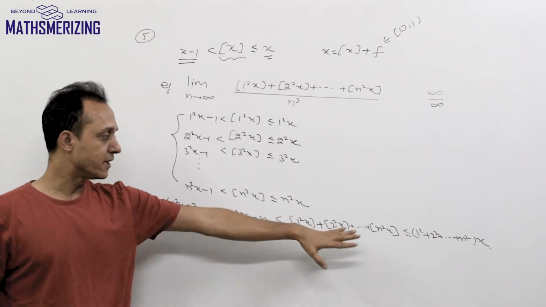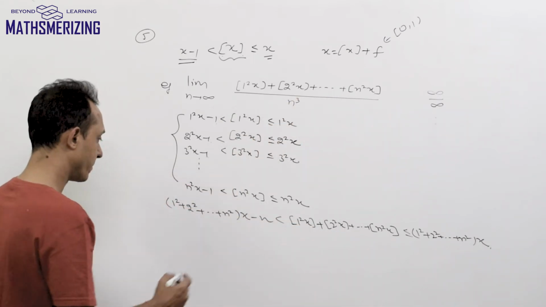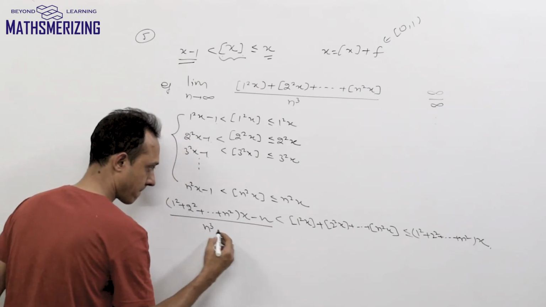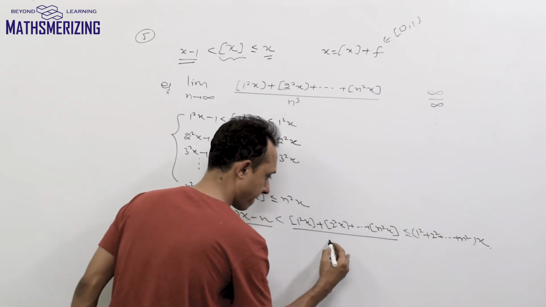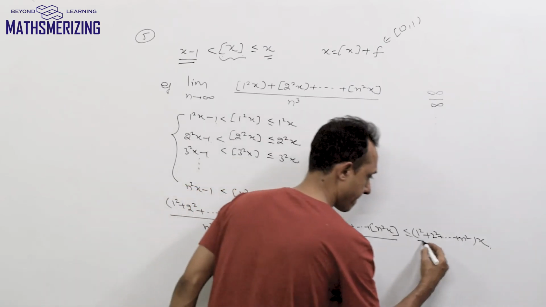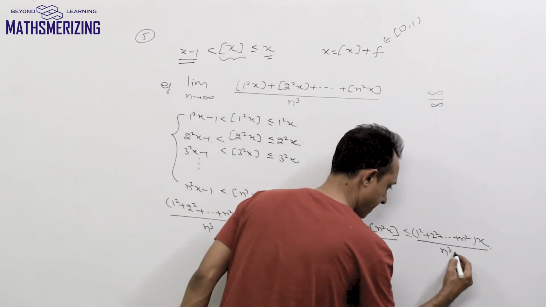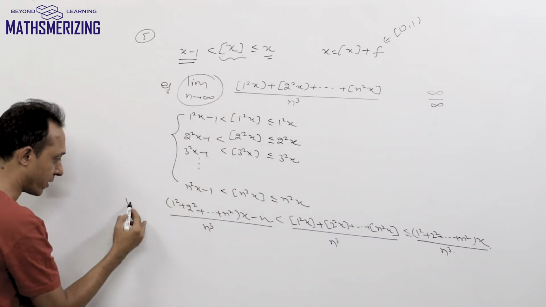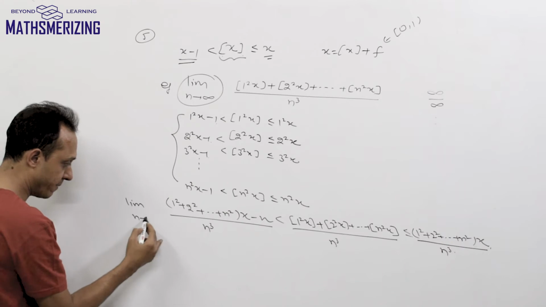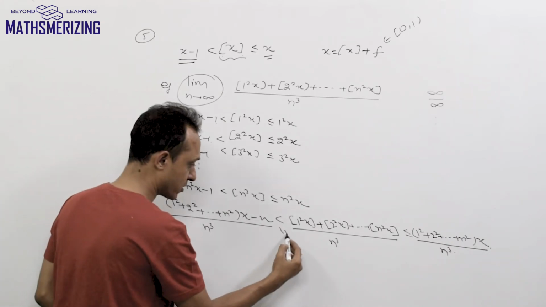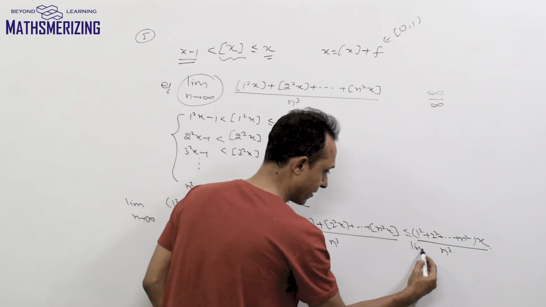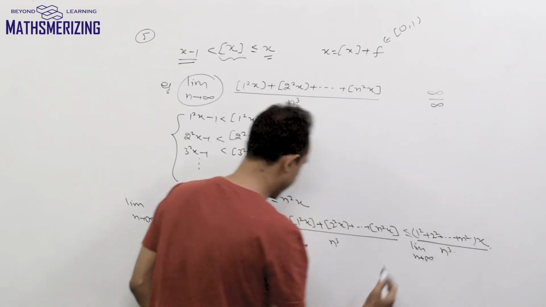So I'll divide each of the three expressions by n cube. And I'll also take the limit n tends to infinity for all three expressions.